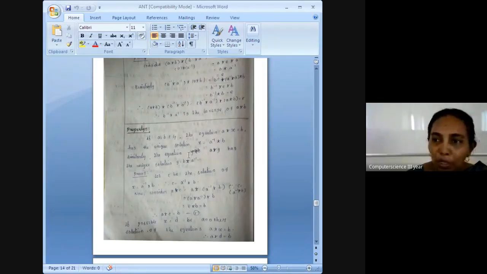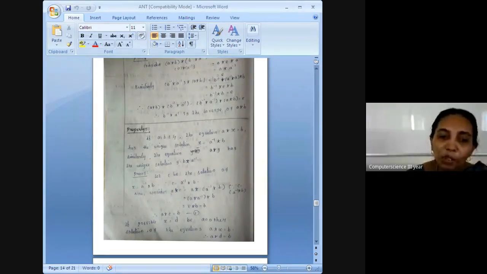So here we have two questions, which are similar. For the first part, suppose two elements belong to G. One equation is given: A star X is equal to B. The solution of this equation is X equal to something, which you have to find, by substituting the value of X so that the equation A star X is equal to B holds.